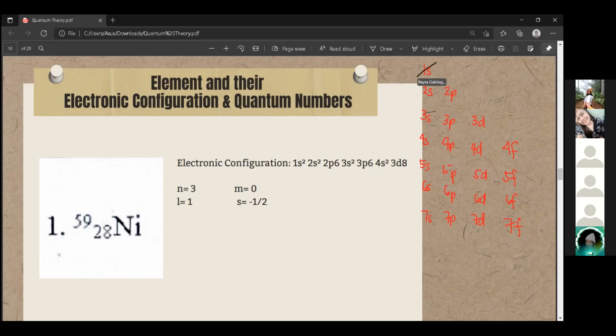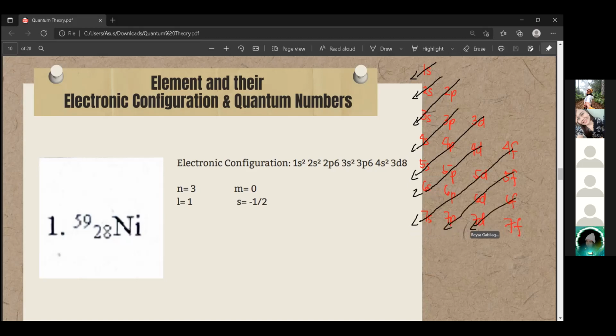So we will start here, syempre. And then we will have it here. This one. And then this one. Nalibat ko ha. Please check if wala ba ko nalibat sa akong arrow nga gibutang. And then last, ito dito. So yan yung pagpasunod natin sa ating electron configuration.